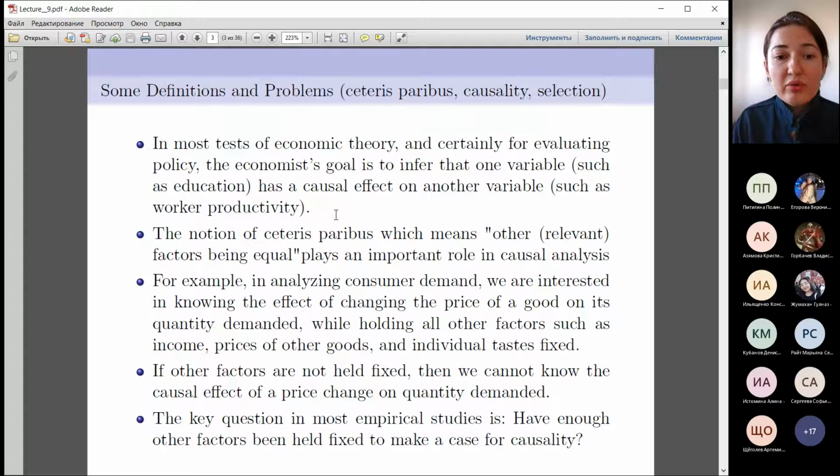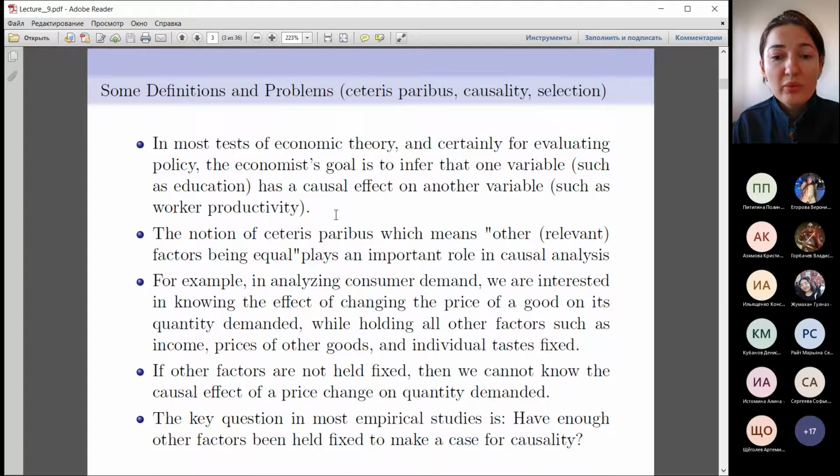For example, if we want to understand the relationship in consumer demand, we're interested in knowing the effect of changing the price of some good or some service on its quantity demanded. And of course, we want to find this relationship while we're holding all other factors, such as income, such as prices, such as maybe other goods from the other competitors.